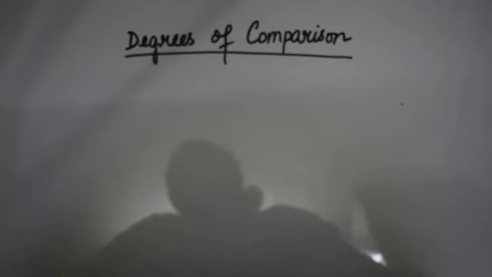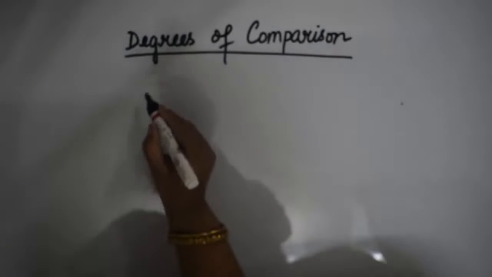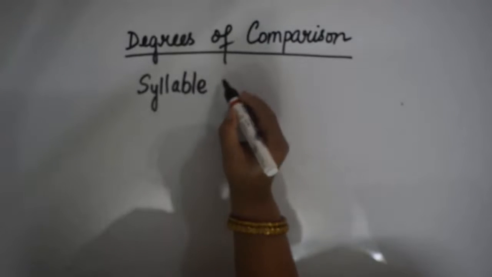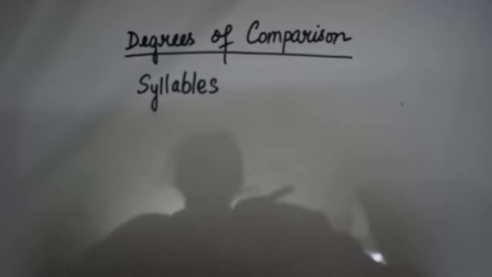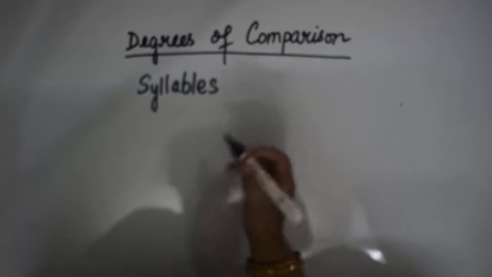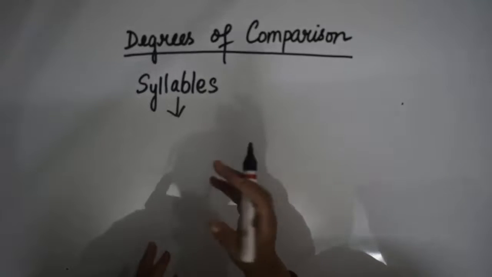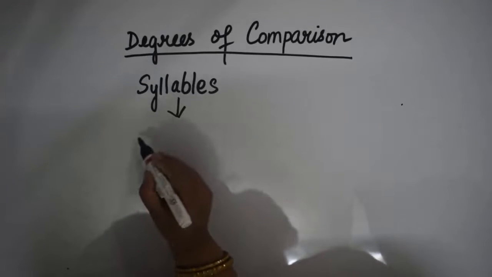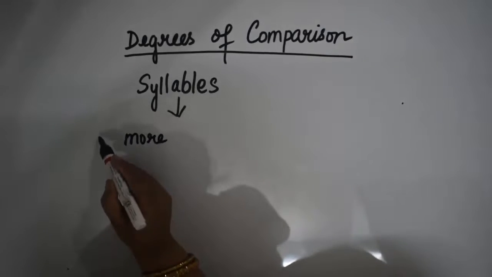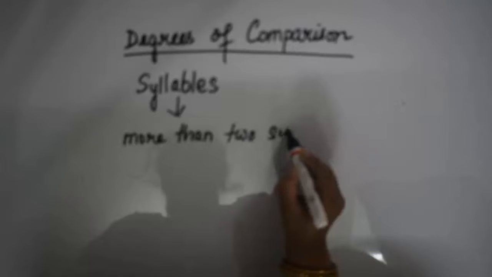You already know that I had already taught you how to break the syllables, right? Let's just go through a recap. We had talked about syllables in the previous video, and I had taught you how to form the degrees of comparison if the positive has more than 2 syllables.